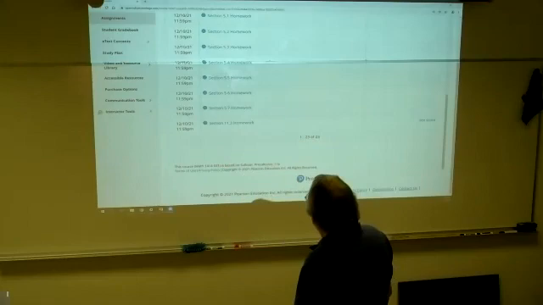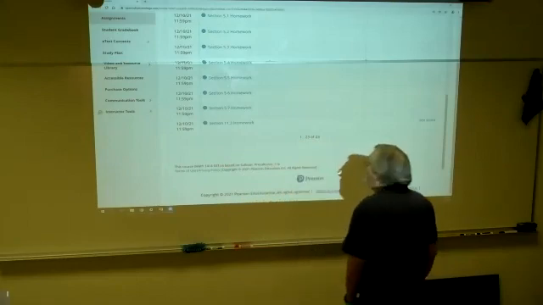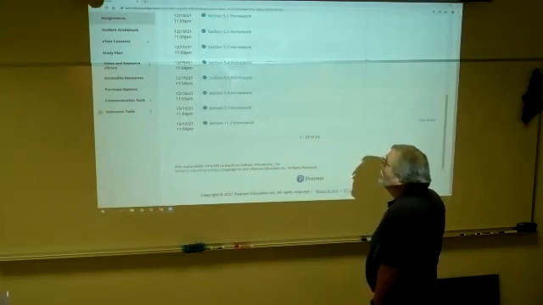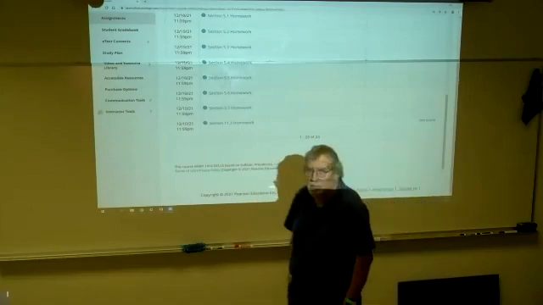How many sections is that? That's 8 sections. And some of them will be covered pretty heavily and some of them pretty lightly.